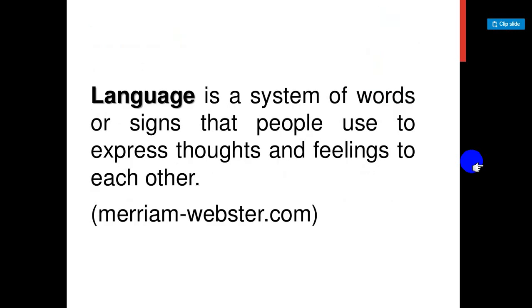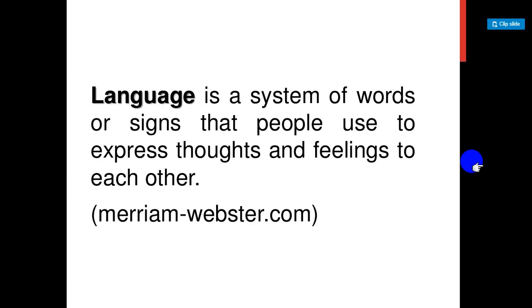Okay. Language is a system of words or signs that people use to express thought and feeling to each other. Okay, this is another definition of language. System means many combined together, many staying next to each other.